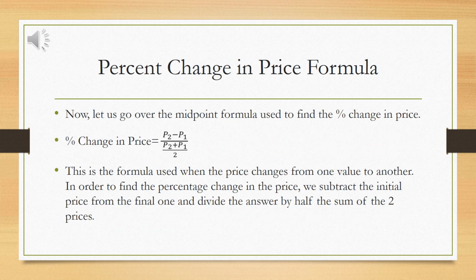Let us now go over the midpoint formula used to find the percentage change in price. The percentage change in price is equal to the new price minus the old price divided by half the sum of both prices. This is the formula used when the price changes from one value to another.